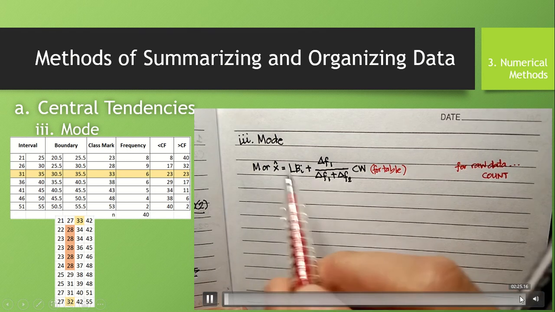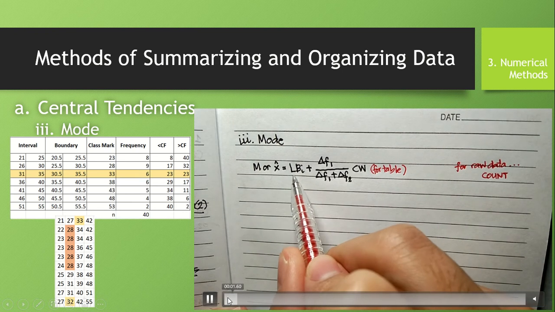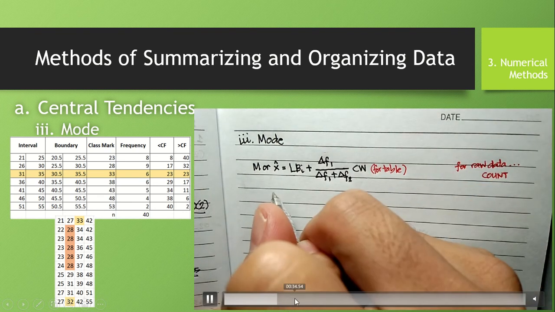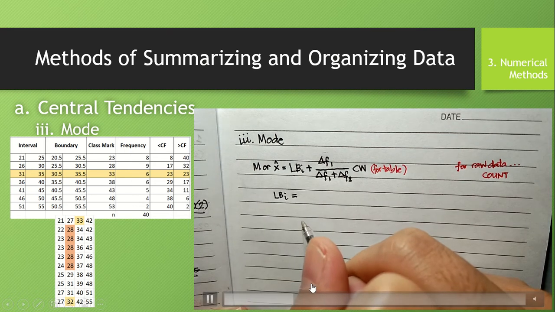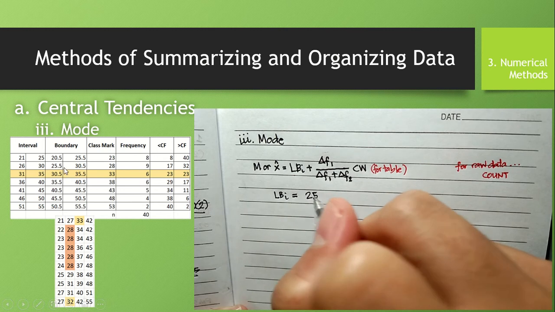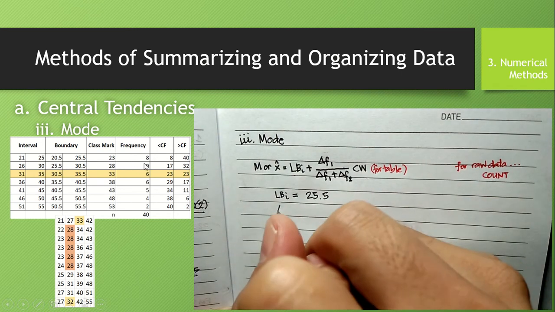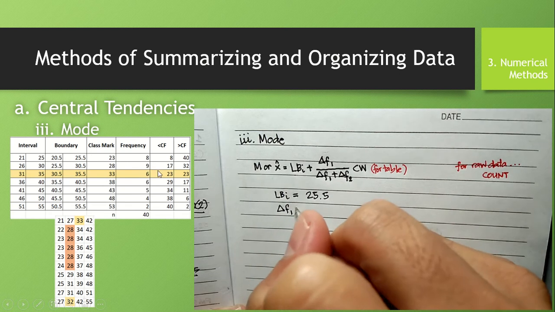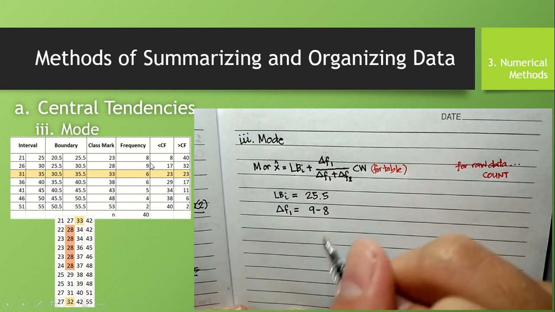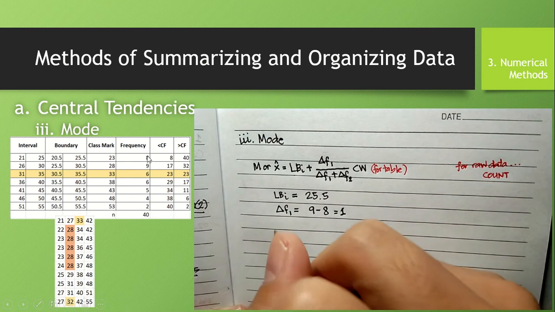So therefore our lower class boundary for the modal class is equal to 25.5. Again, since it has the largest frequency, our delta f sub 1 will then be the frequency of the modal class subtracted by the frequency of the previous class interval.